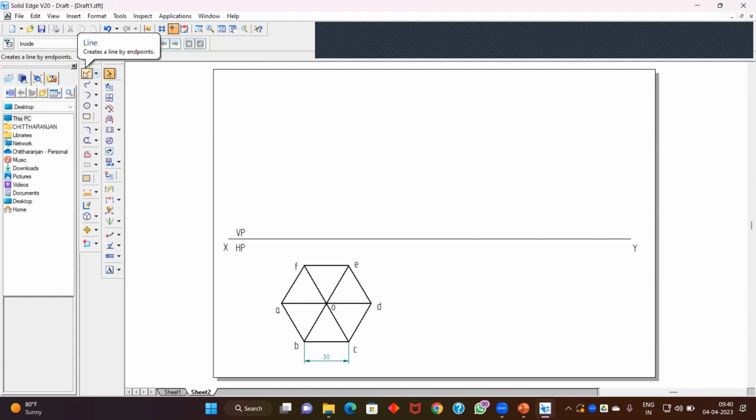So now plot the lines of thickness 0.25 to the axis. It should be non-continuous. And draw the axis from center to the axis.